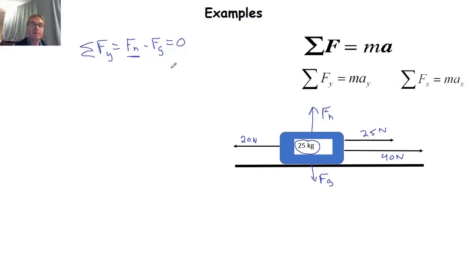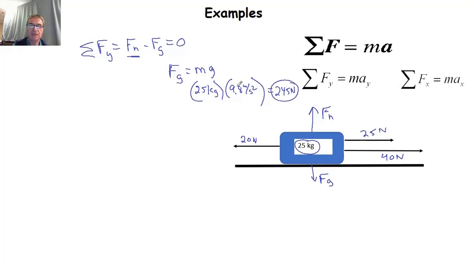Force due to gravity is equal to m times g. In this case, m is 25 kilograms, and g is going to be 9.8 meters per second squared. I could come up with a number for our force due to gravity, and that would be 245 newtons.